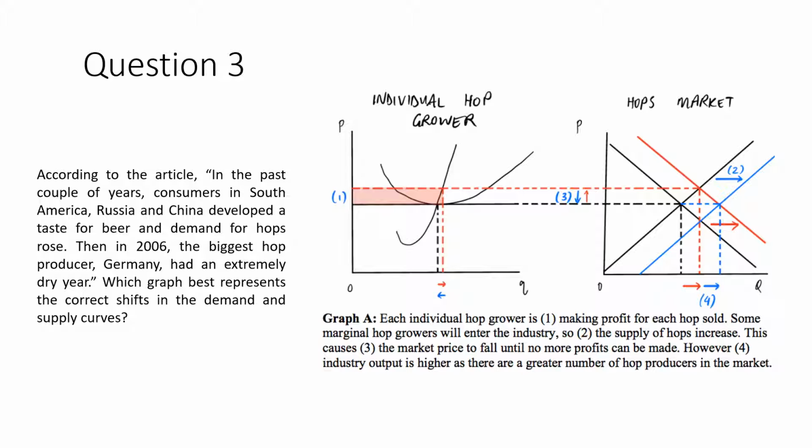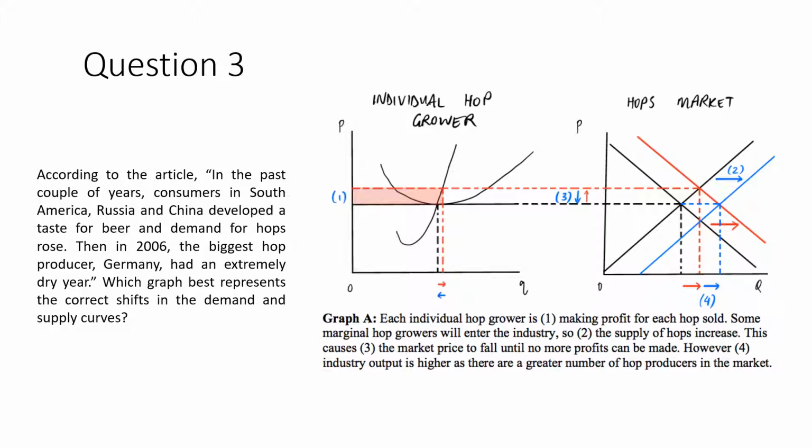The increase in demand leads to a higher price, which is shown by the red demand curve. The increase in price results in bigger profits for the firms, which then encourages new firms to enter the market as there are profits to be made.